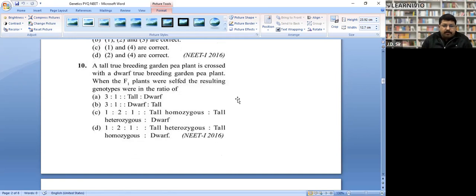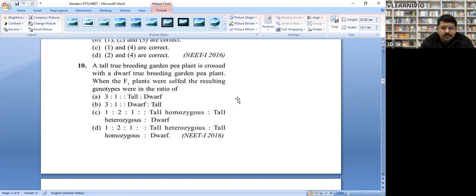Come to question number 10. A tall, true breeding garden plant is crossed with a dwarf, true breeding garden plant. When the F1 plant was selfed, the resulting genotypes were in the ratio of what?